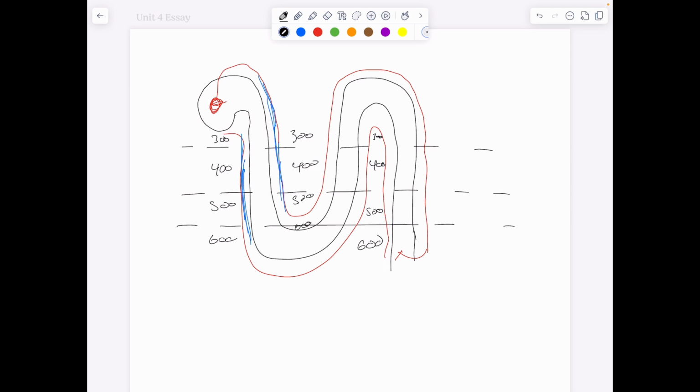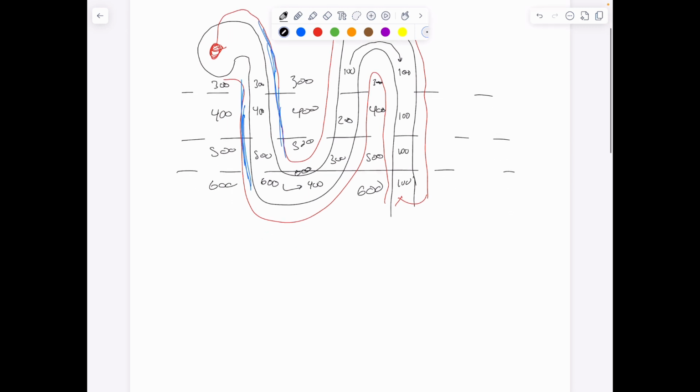And so if we begin in here, we're going to enter with a concentration of 300, 400, 500, 600, and then that's going to get carried over to 400, 300, 200, 100, and then that's still going to be 100, and so that is good.